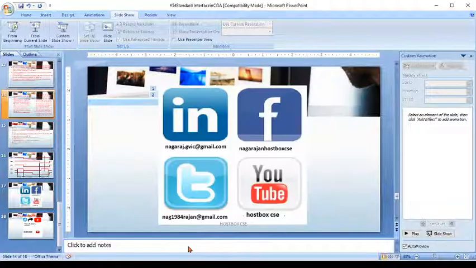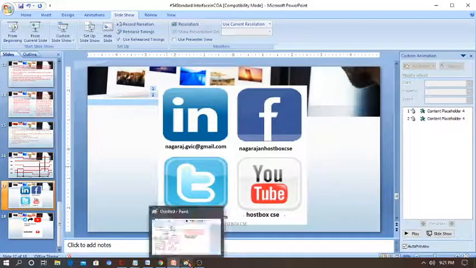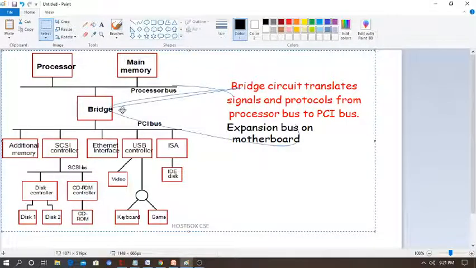Back to the diagram here. I hope you understand the idea about the processor and main memory, how they are connected with the processor bus, and how the processor, main memory and additional devices are connected with the bridge. How do the bridge and these interfaces connect with the PCI, and what is the PCI bus?